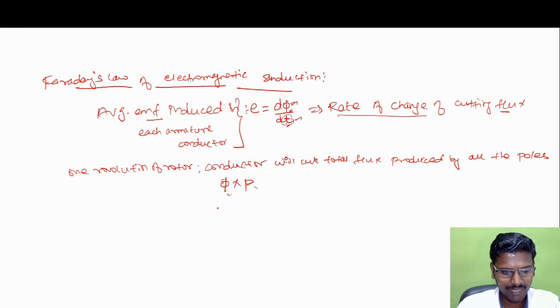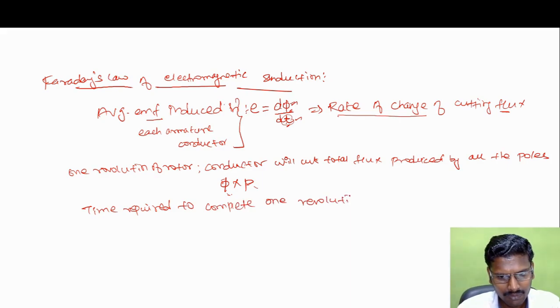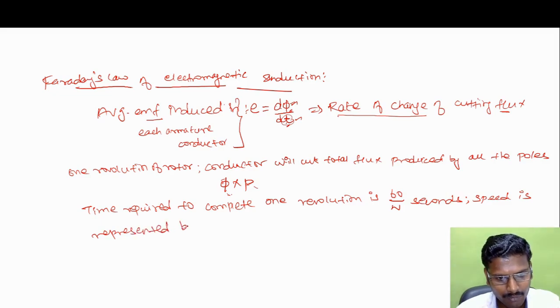Now, the time required to complete one revolution is 60 by N seconds, because speed is represented in RPM, revolutions per minute.